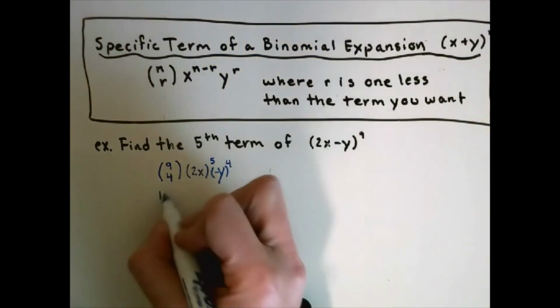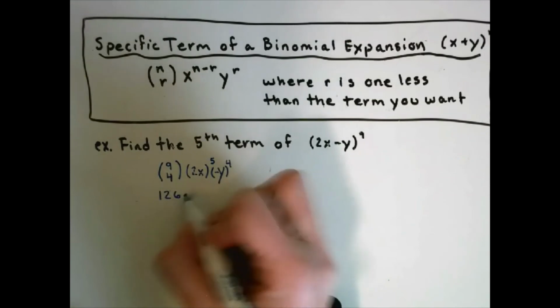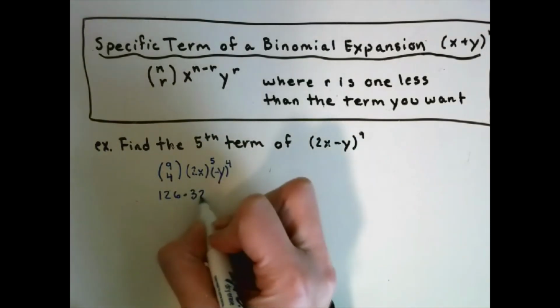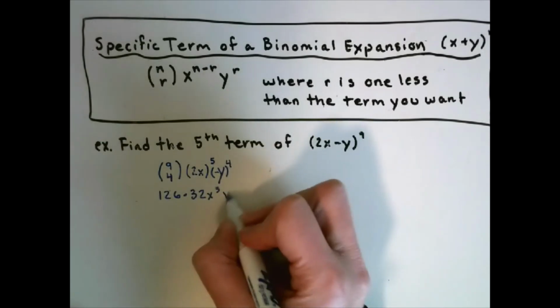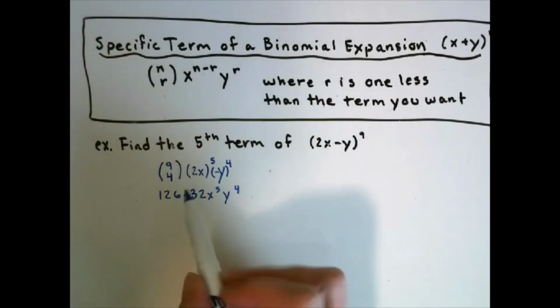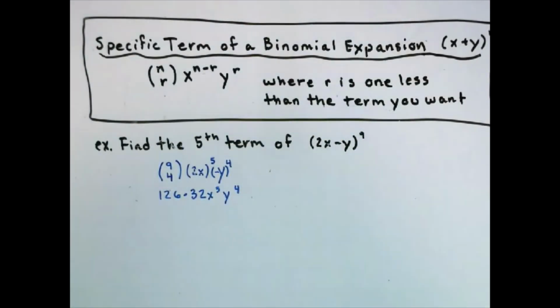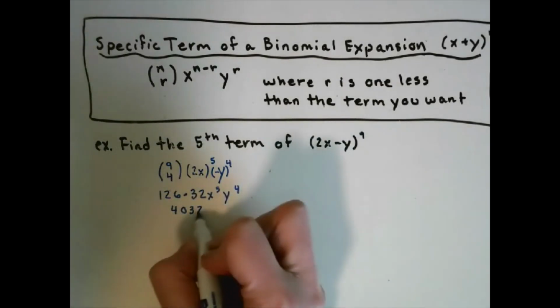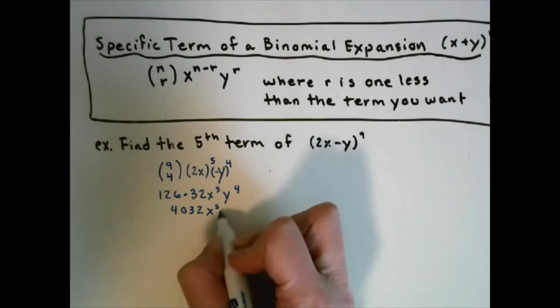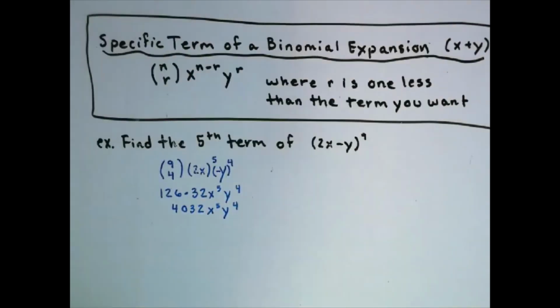So this is 126 times 2 to the 5th, which is 32. Negative y to the 4th is a positive y to the 4th. And if I multiply 32 and 126, we get 4032 x to the 5th, y to the 4th.